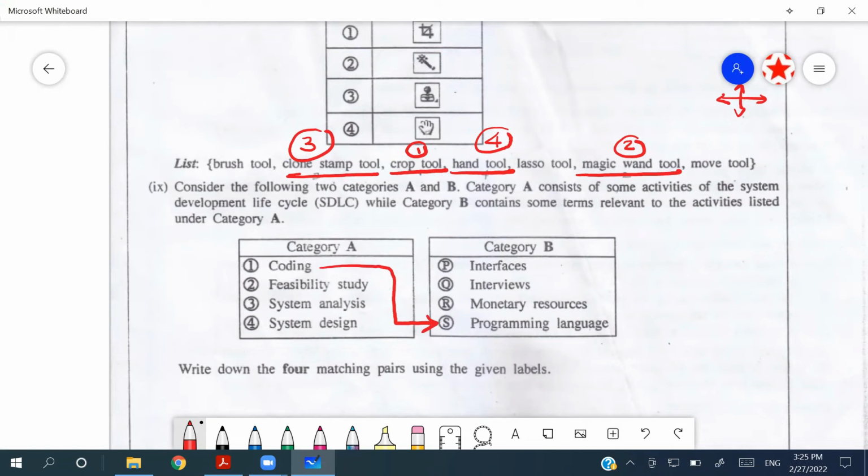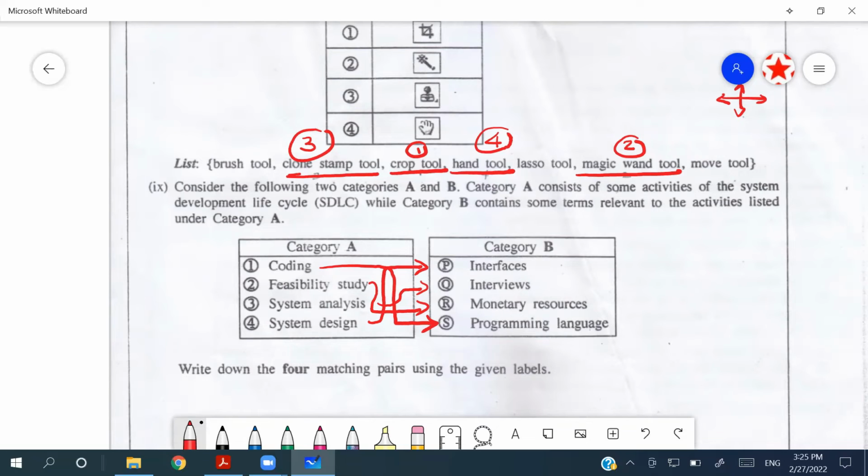System analysis, it's interviews. Feasibility study, let's keep that. System designing, interfaces. So feasibility study, monetary purpose.